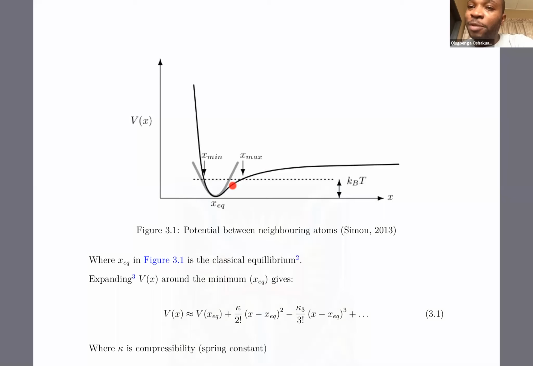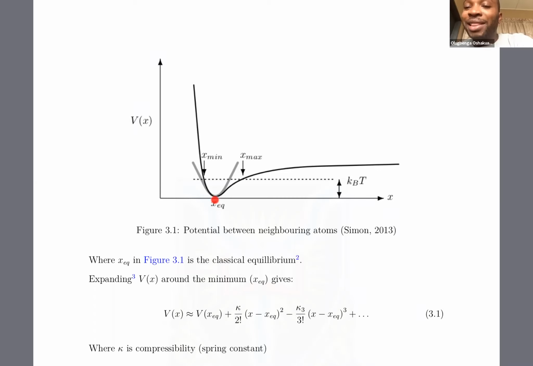It will reduce, and later it will begin to increase. So the work you will do in bringing two atoms together beyond this x equilibrium, because at this point where the potential is minimum, we've called it x equilibrium.